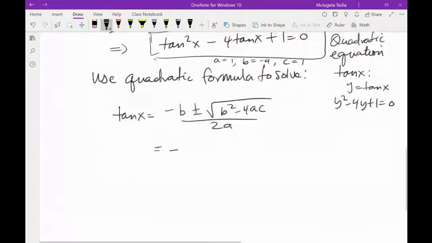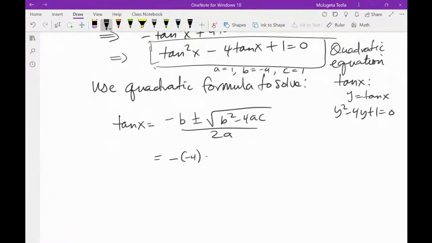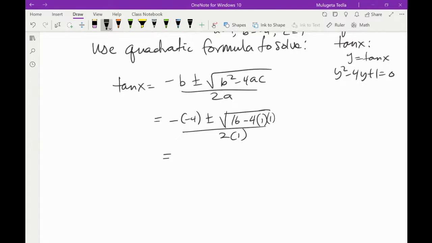So this is minus b, minus 4, plus or minus the square root of b squared, which is 16, minus 4 times a, which is 1, times c, which is 1, over 2a, 2 times 1. So this reduces to tan of x equal to 4 plus or minus the square root of 12, over 2. 16 minus 4 is 12.